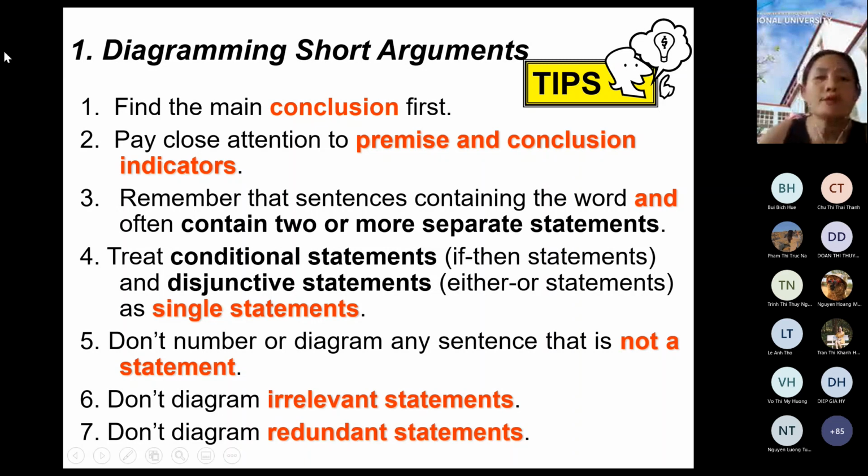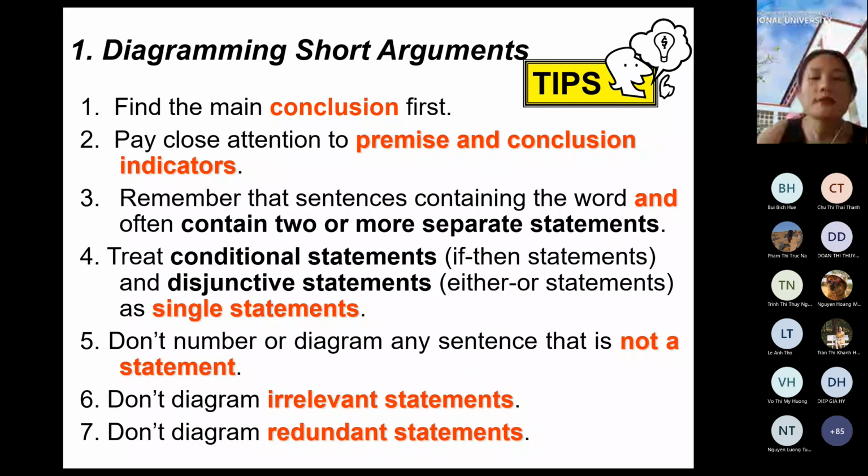And please remember to have some treatment for a statement that contains more than one piece of information. So if you face a compound statement, then you need to break the statement into two, especially if you have a linking word like and, but, however, or something like that. It also suggests that we should not have compound statements in the argument.